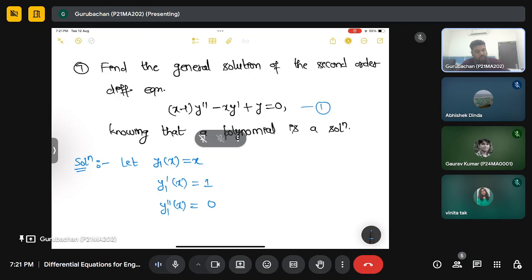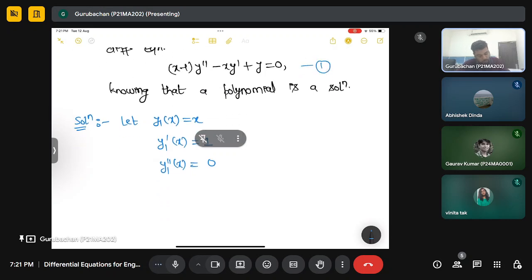Put this value in the left hand side of the equation. If it satisfies, then this will be our first solution. Then with the help of the formula we can get the second solution.